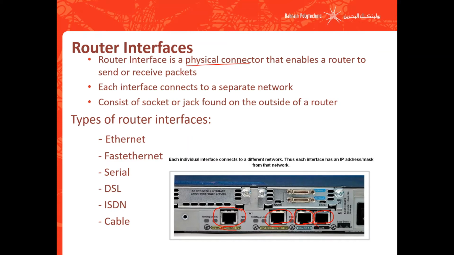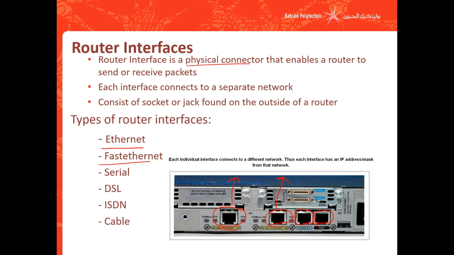Each interface connects to a separate network. So basically this interface, if you plug in a cable, will connect to a different network. This one will connect to a different network. And if there are multiple other ports or interfaces, they will also connect to different or separate networks, okay? Now, what are the different types of interfaces? We just saw that there are Ethernet ports present on the router.